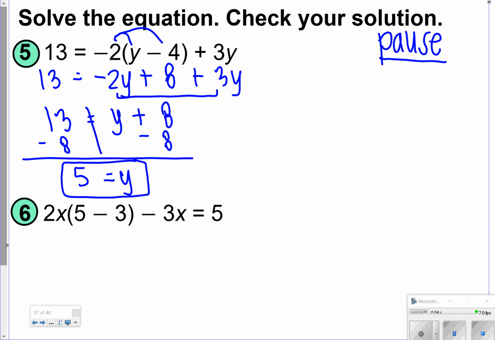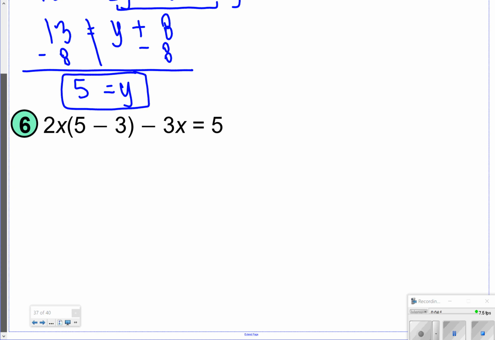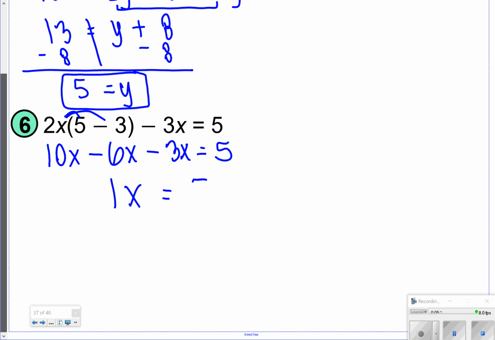For number 6, we're distributing 2x to the 5 and negative 3. So 2x times 5 is 10x. 2x times negative 3 is negative 6x. Still have a minus 3x is equal to 5. 10x minus 6x minus 3x is going to be 1x, or just x. So x is equal to 5.